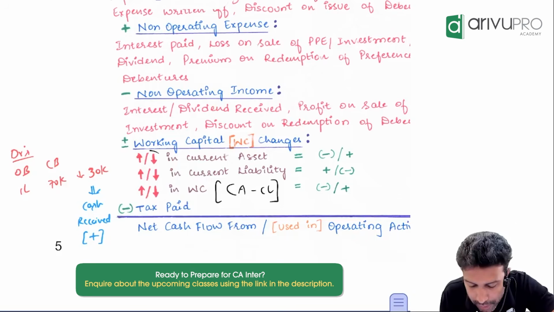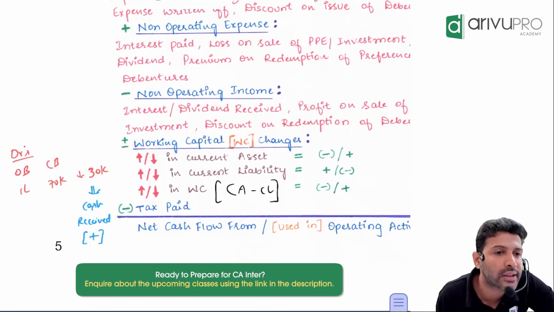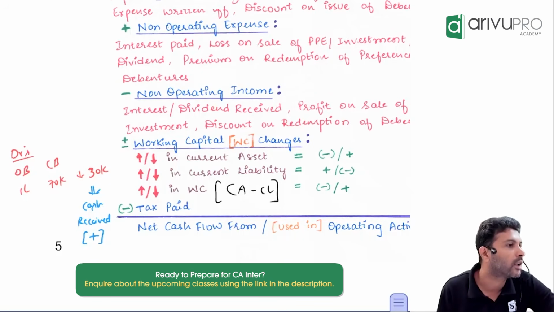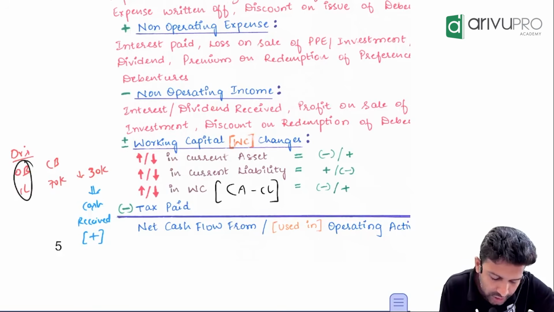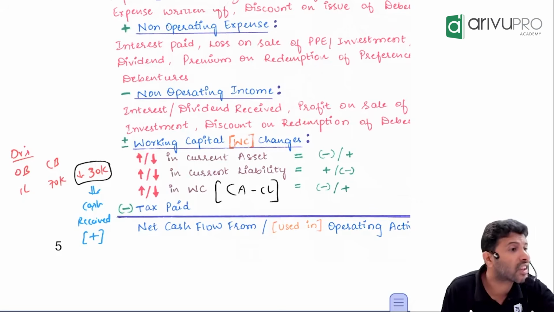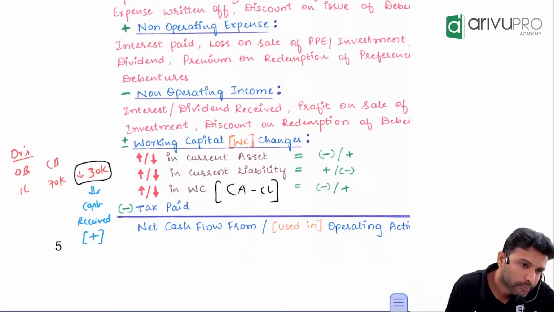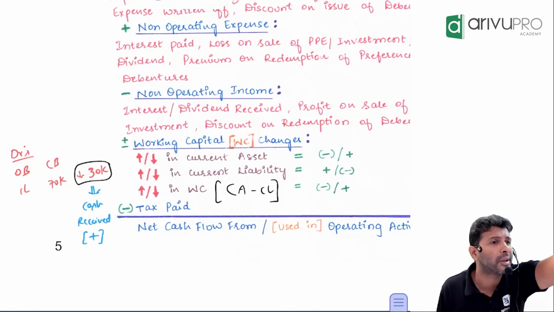This is how you calculate increase or decrease: compare the opening balance with the closing balance. 1 lakh has become 70,000, a case of decrease, by 30,000. Decrease in current asset means add back.